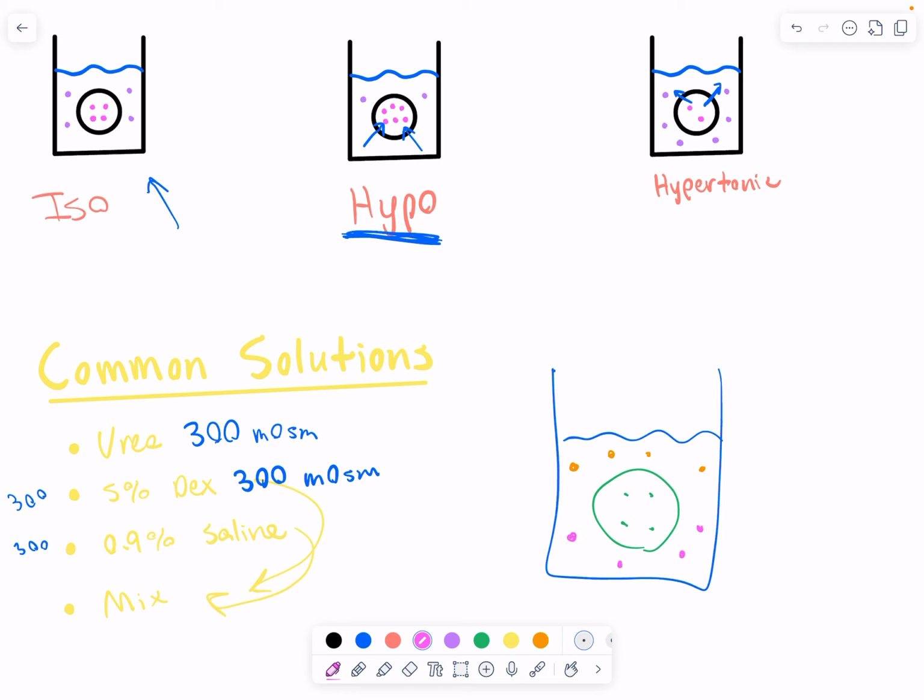So the saline would stay out, but the dextrose would go into the cell. Initially there's more particles on the outside, so water would rush out of the cell, but dextrose is going to go in eventually, but then it gets metabolized.